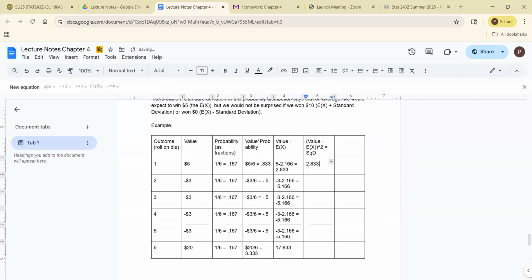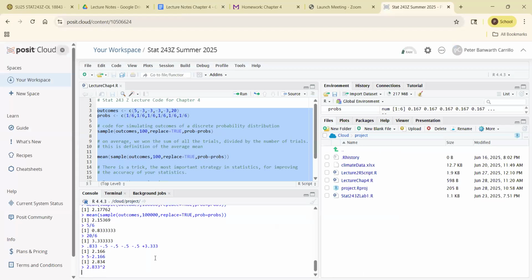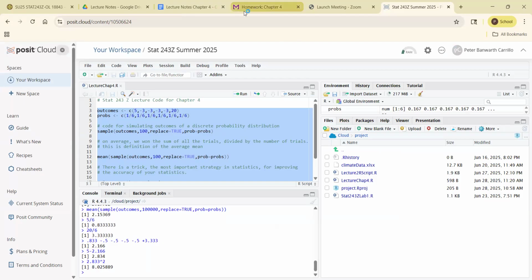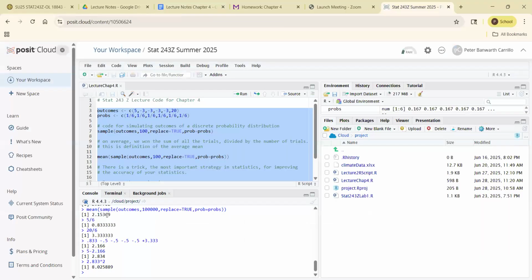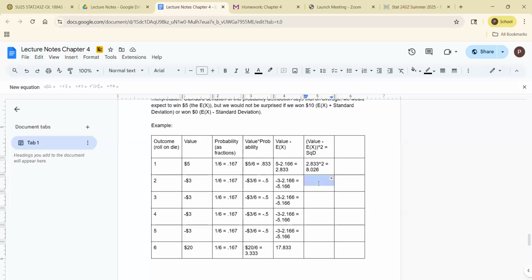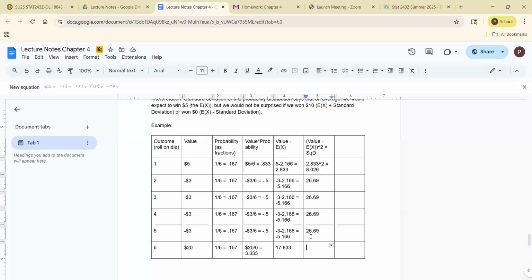So 2.833 squared, which is 8.026. And negative 5.166 squared is 26.69. And 17.833 squared is 318, more or less.